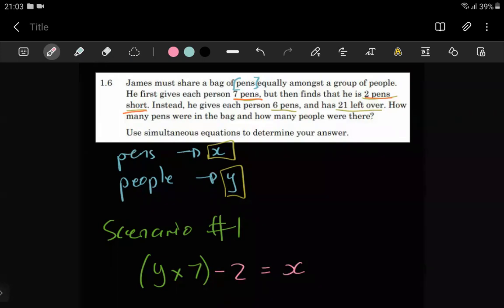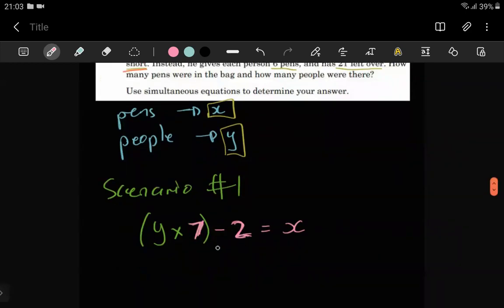He can distribute 7 each to everyone, but he doesn't have 2 more for that to be possible. So this is the total amount of pens he has: 7 times each person minus 2. You get it? Because if the 7 pens fit, we would not be subtracting 2 here to find out how many pens he has.